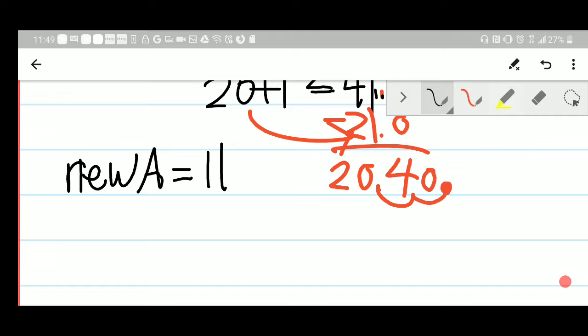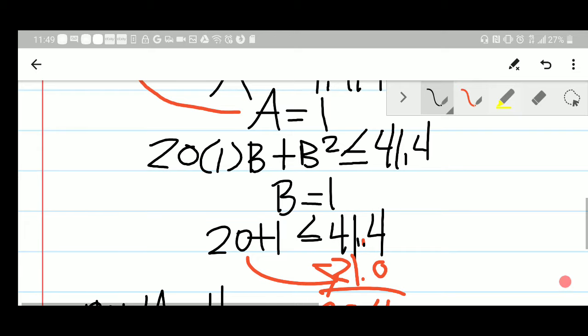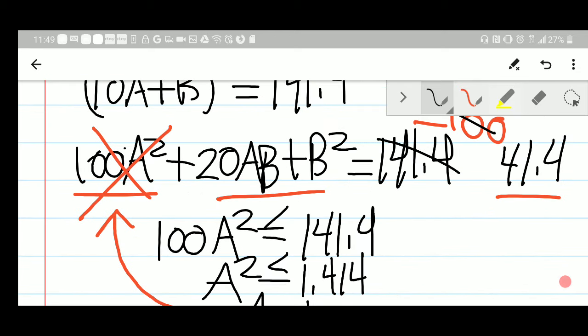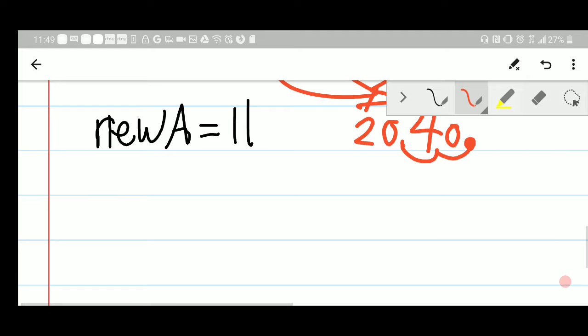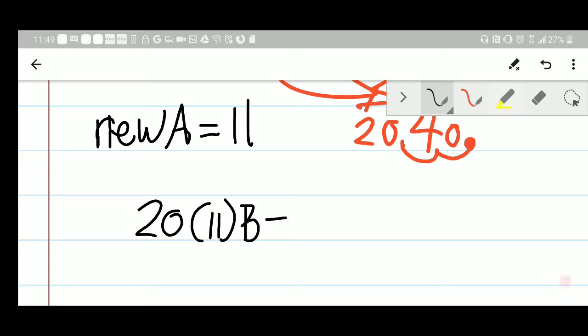So we go back to our part b. We go back to this. But a now is 11. So 20 times 11, times b, plus b squared is less than or equal to 2040.